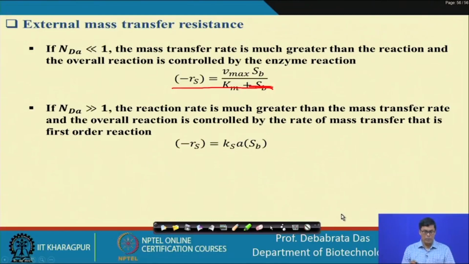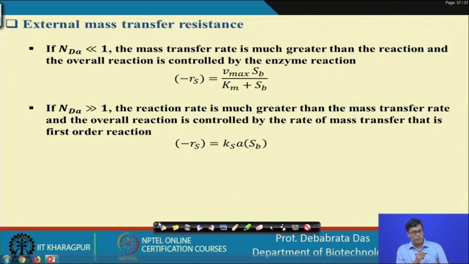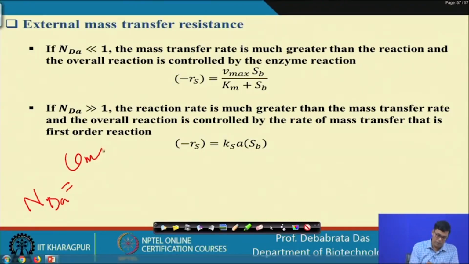Now the interesting feature is how you can find out whether it is diffusion control or mass transfer control. I have mentioned what the Damkohler number is: the maximum velocity of reaction divided by the maximum mass transfer. Now if it is less than 1, what does that mean?